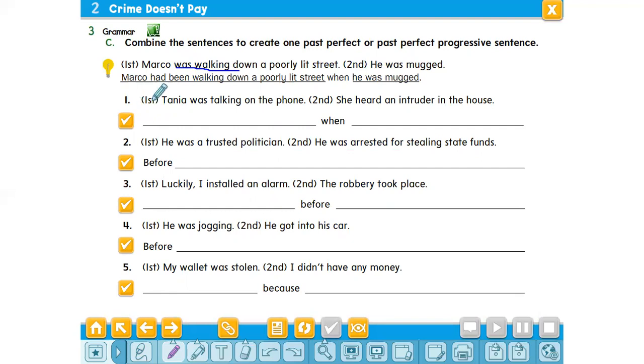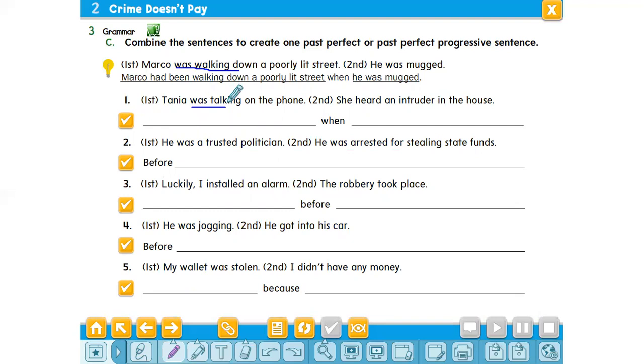Number 1. First action, Tanya was talking on the phone. Second action, she heard an intruder in the house. Where is the main verb? Was talking, past progressive. So which tense will we use? Excellent.